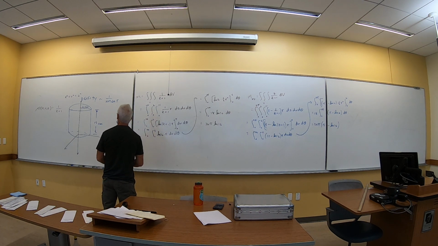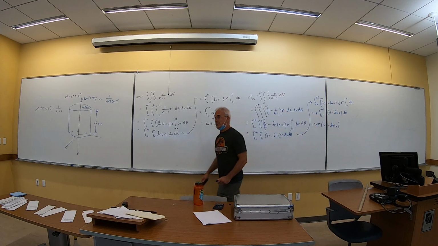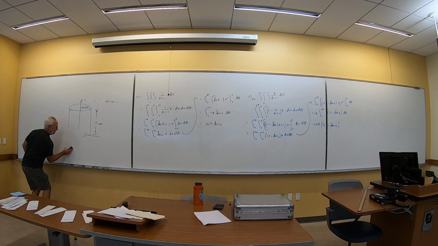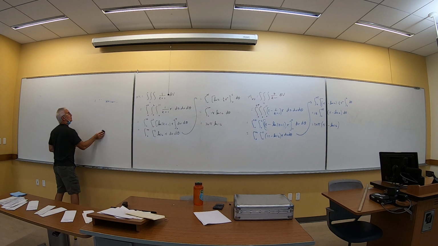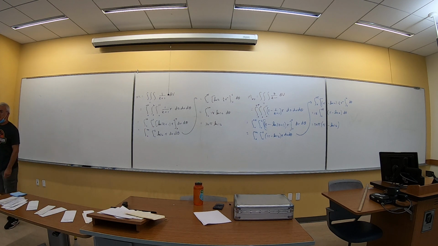Let me go back to this board over here, because I'm going to run out of room otherwise. Understand that we cannot do this problem without a triple integral because I have 3 independent variables and an integrand. So now let's do the moment to the yz. That's the one that involves the multiplier of x.